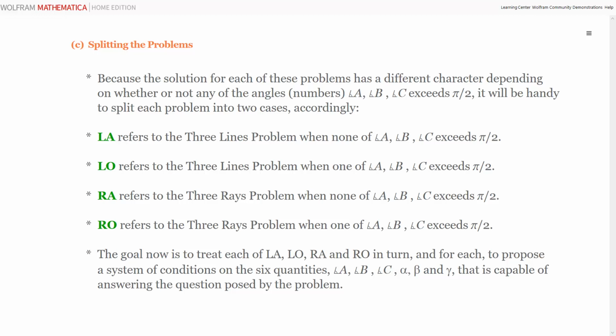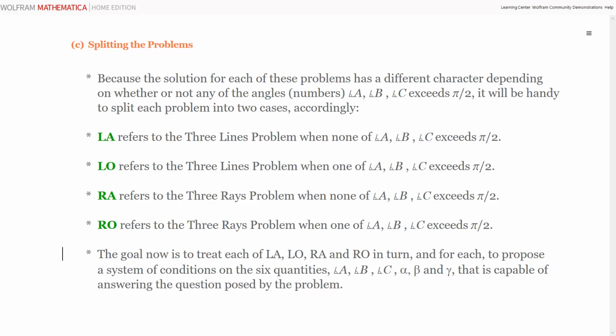The RA problem refers to the three rays problem when none of the angles A, B, C exceeds pi over 2. And the RO problem refers to the three rays problem when one of those angles exceeds pi over 2. I hope that's clear. L stands for lines, R stands for rays, A stands for acute triangle, and O stands for obtuse triangle.